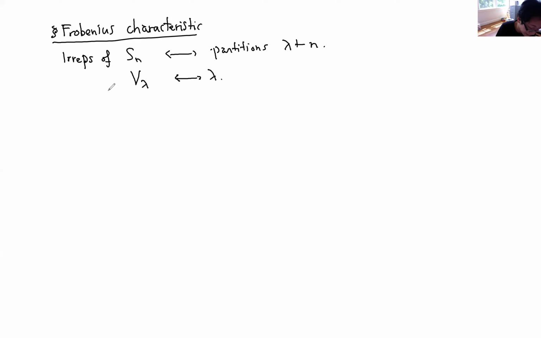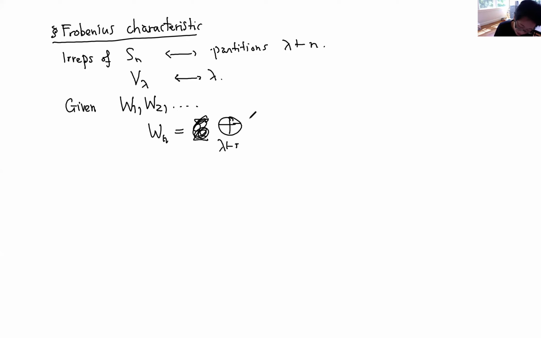Okay. And suppose I have a sequence of virtual representations of Sn, W_n, a virtual representation of Sn. You can think of W_n as isomorphic to a direct sum of these irreducibles, the sum over c_lambda V_lambda, where the c's are just rational numbers.